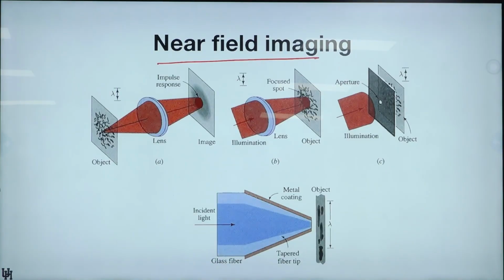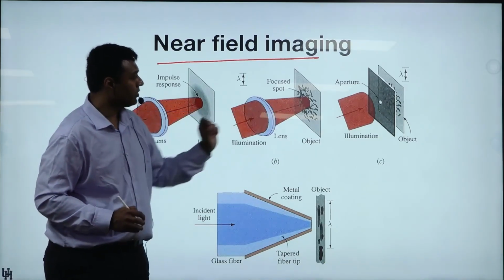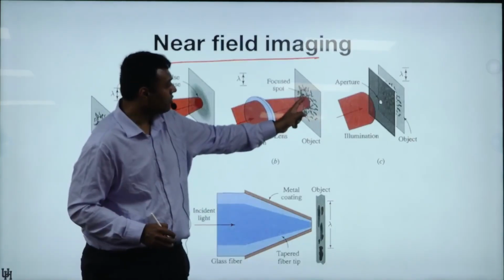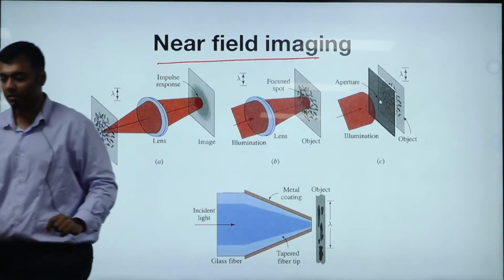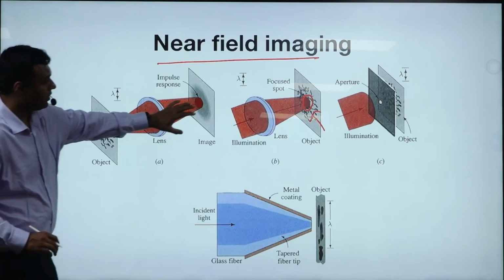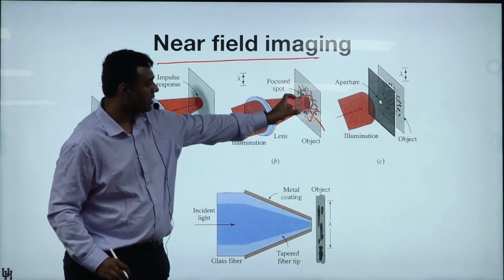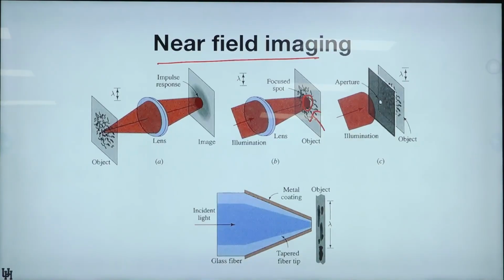You have an object and you want to see a very small thing, but your light, which is focused, cannot focus to that small dot. It will focus to a blur on the object.